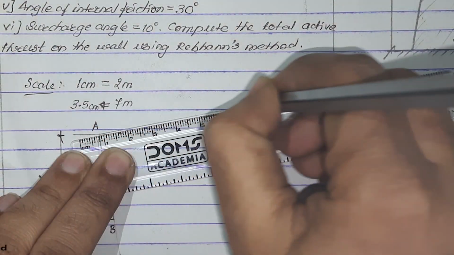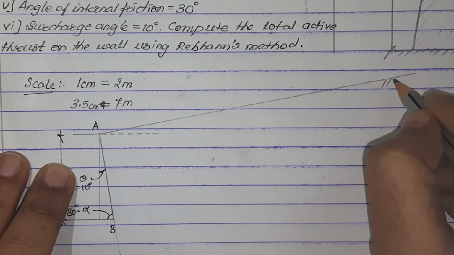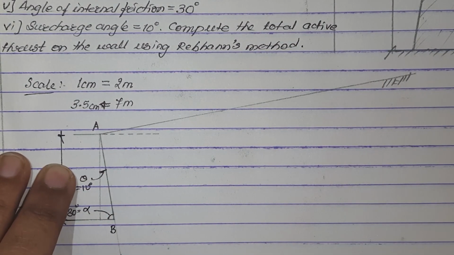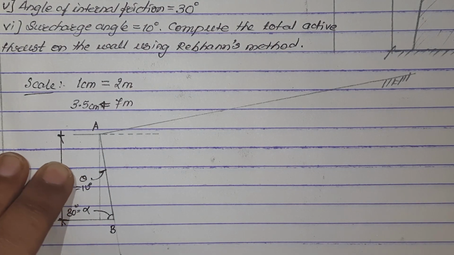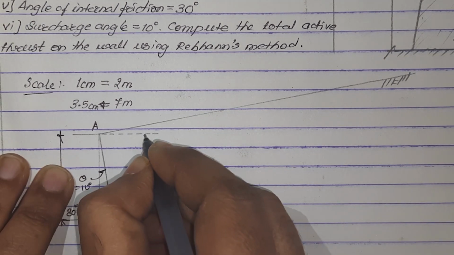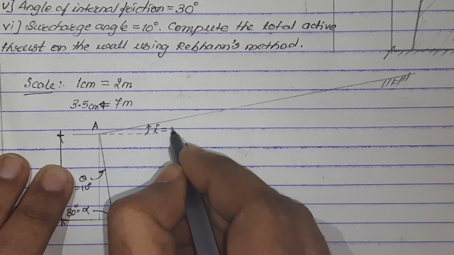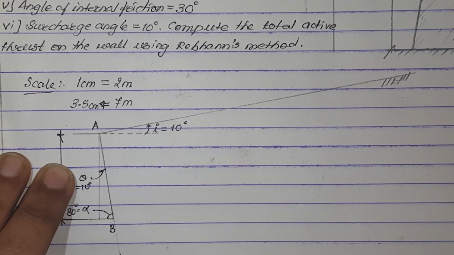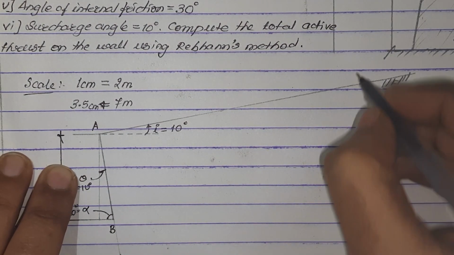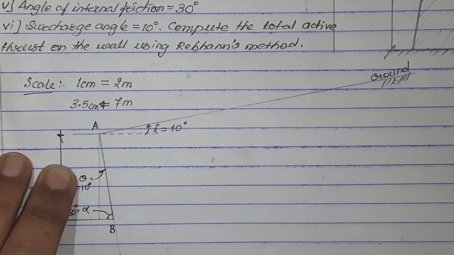So this will be the ground surface. This angle is i, which is 10 degrees. This will be called as ground line or ground surface.